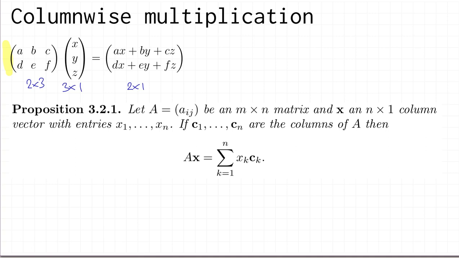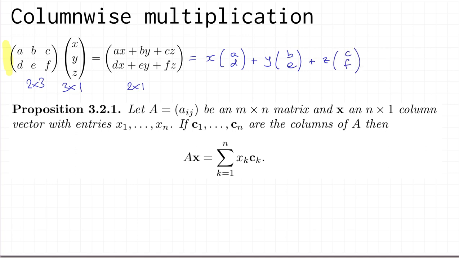So let's think about this a little bit more, because we can actually separate this into bits. If you imagine taking the X's and the Y's and the Z's out, and thinking of this as a sum of three 2 by 1 vectors, you can see this is the same as x times (A, D) plus y times (B, E) plus z times (C, F).